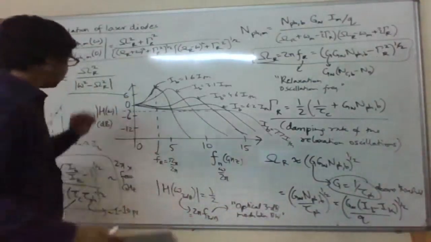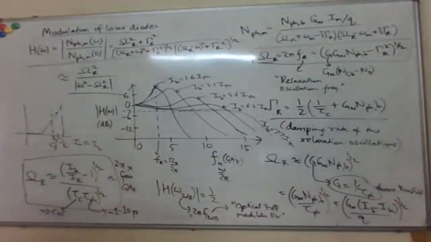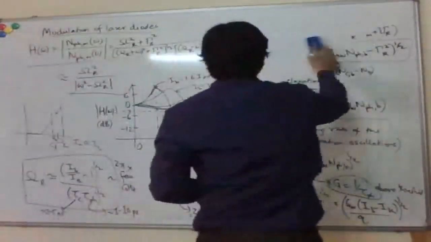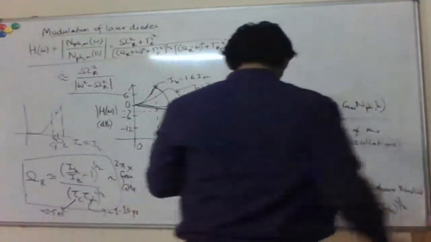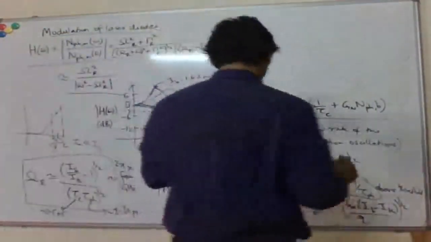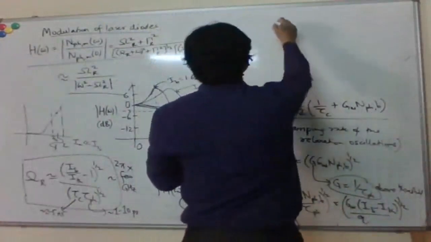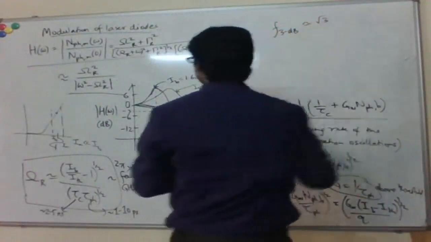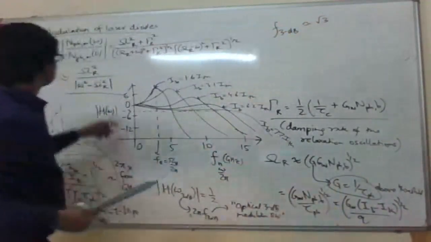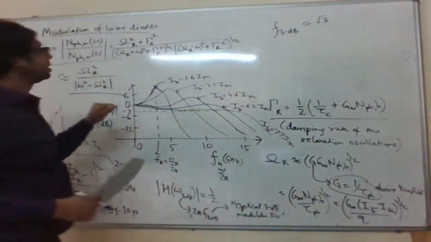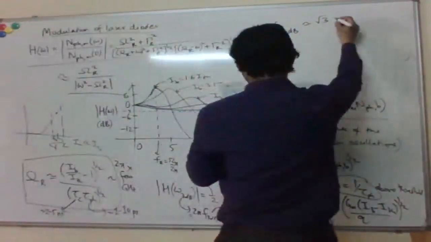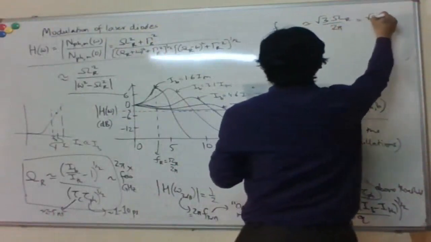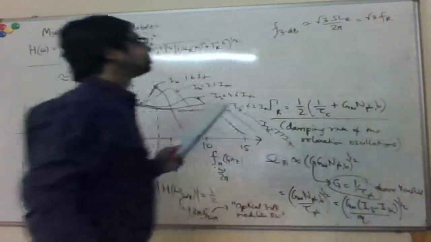But anyway, if you just use this approximate expression, it's straightforward to see that F3 dB comes out to be √3 times the relaxation oscillation frequency.